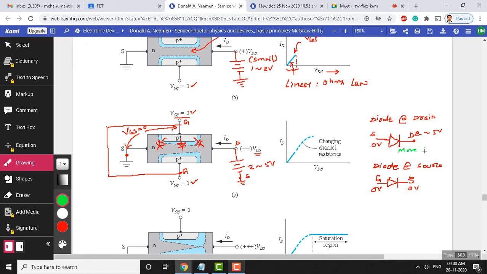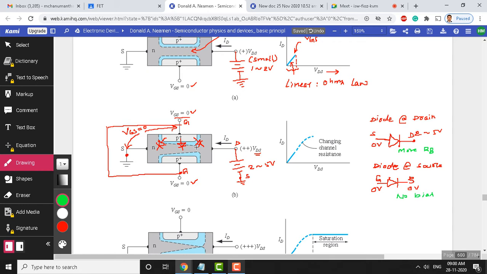But in this other case it's not biased at all, because there is 0 volts at gate and 0 volts at source. So I can say no bias, so the depletion region remains constant in that region. That's what you are observing here, there is no change.